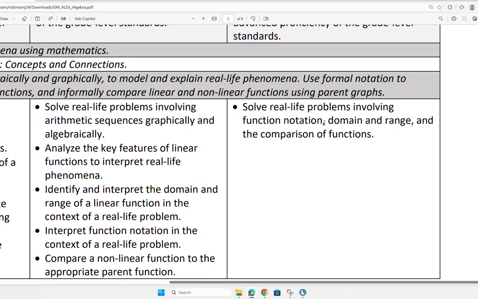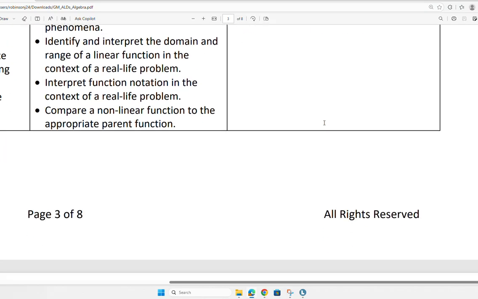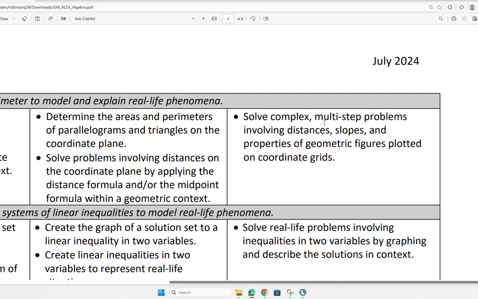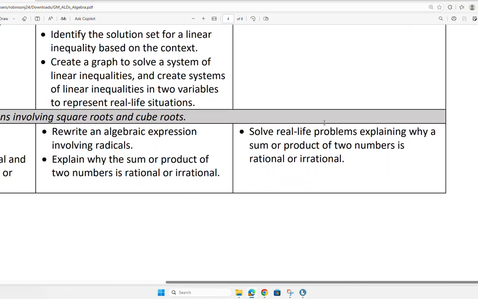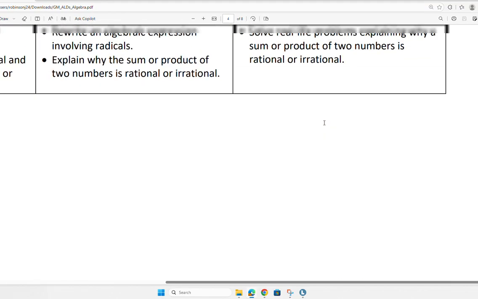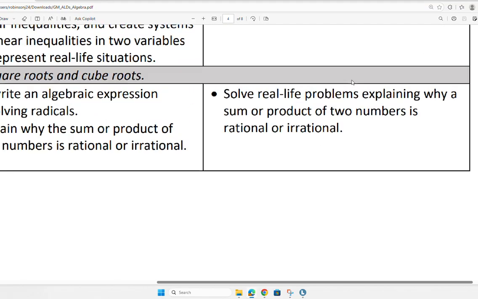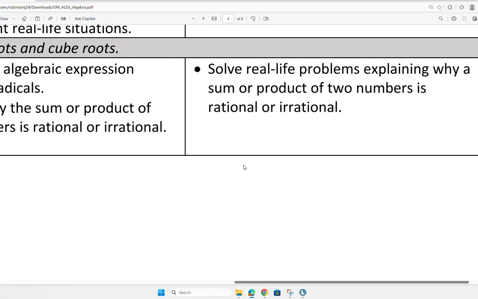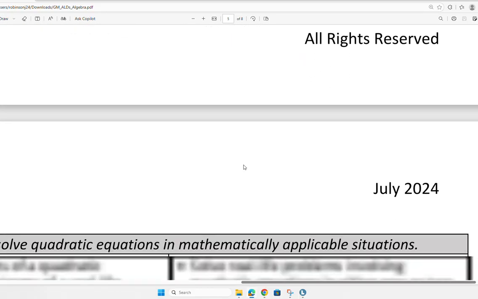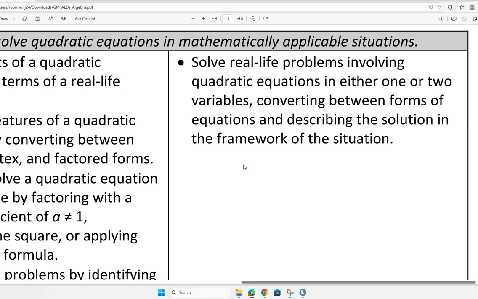And as a distinguished learner, when it comes to quadratic functions, because that is one of the major domains, y'all see right here, the sum and product of rational and irrational numbers. Rad times rad is rad, rad plus rad. That's distinguished learner level concepts that we're focusing on. So keep that in mind.